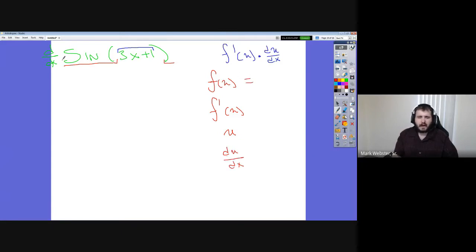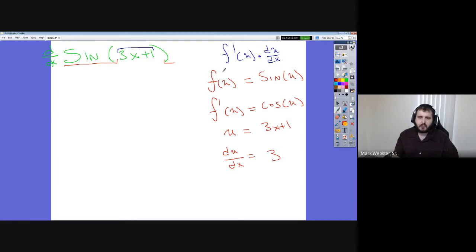The outside function is sine. The derivative of that is cosine. The inside function is 3x plus 1. And the derivative of that function, the derivative of 3x plus 1, is just 3, right?